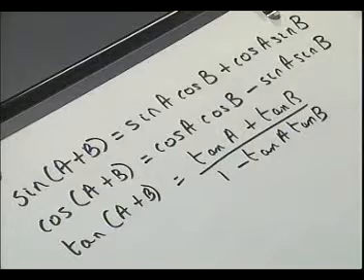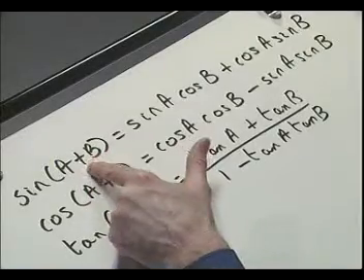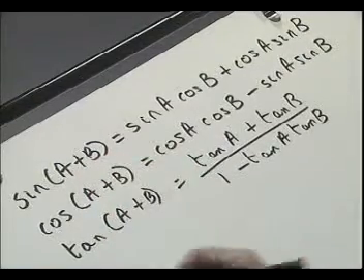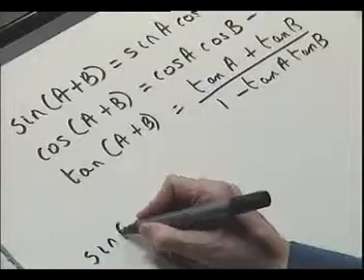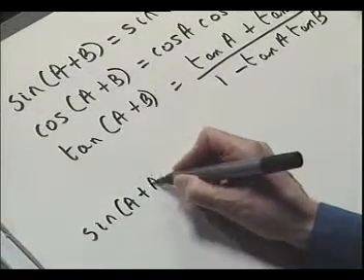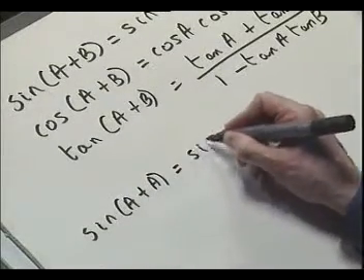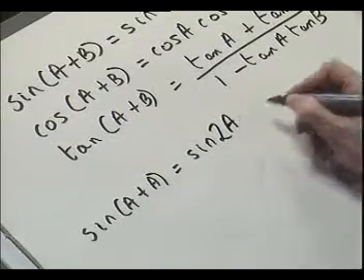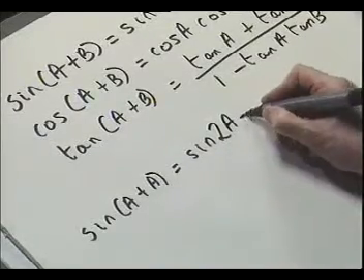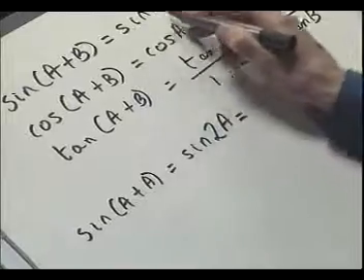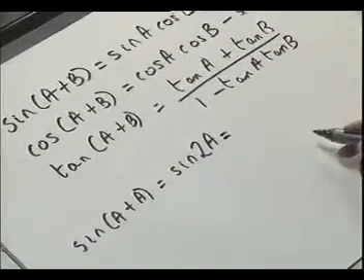So, what happens if we let A be equal to B? In other words, instead of having A plus B, we have A plus A. So that would be sine of A plus A, which is sine 2A. And what does that do to this right-hand side?